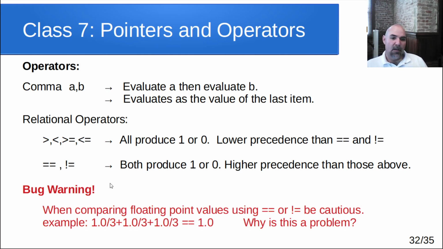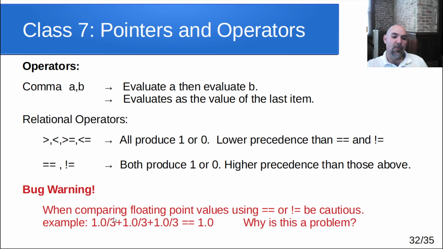Quick bug warning when using the equality operator and the not equal operator, these two here. If you're dealing with floating point values, any of these relational operators we have up here, it's important to be cautious when you're comparing floating point values using that. Now, why is that? Well, here's an example. We have 1 divided by 3, which is 1/3, plus 1/3 plus 1/3.